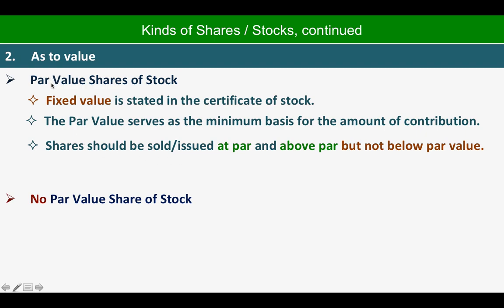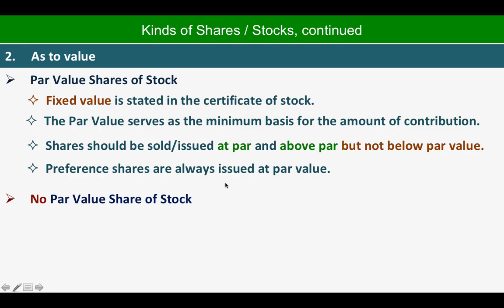So for par value shares of stocks, shares should be sold at par, meaning if the indicated par value is 100, you should sell it at par at 100 and above par, meaning above 100, but not below par. So meaning not below 100. Okay?